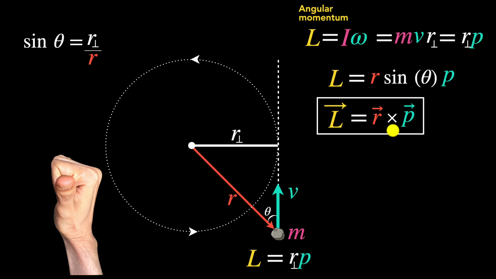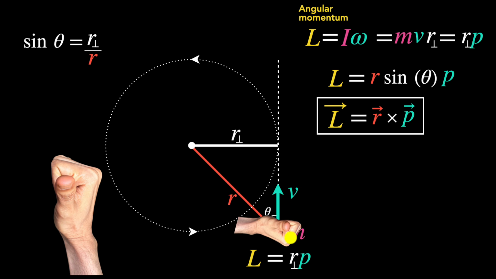But writing it this way also encodes the direction. How do you think about the direction of the vector product? Well, again, you use the right hand rule. Here, you start with your right hand and the forefinger should be in the direction of the first vector. So your forefinger will be in the direction of the r vector, and then you cross it from there to the second vector, our p vector, which is the same direction as the v vector.